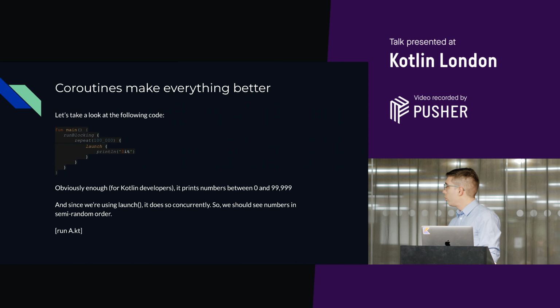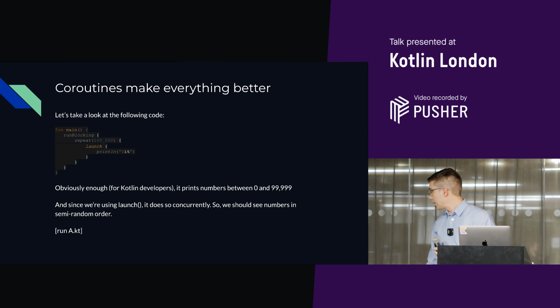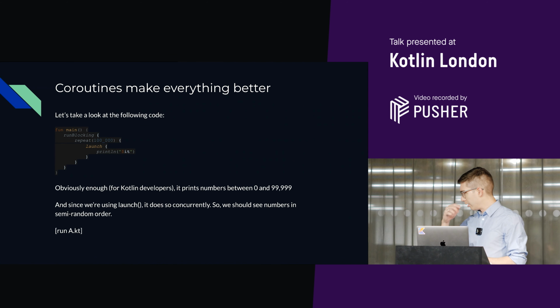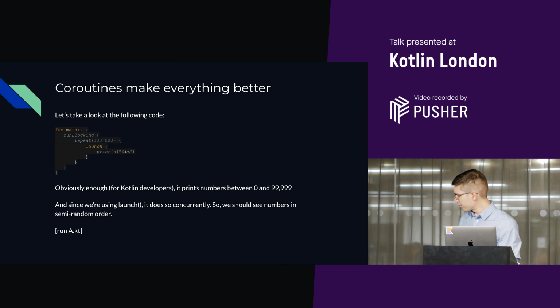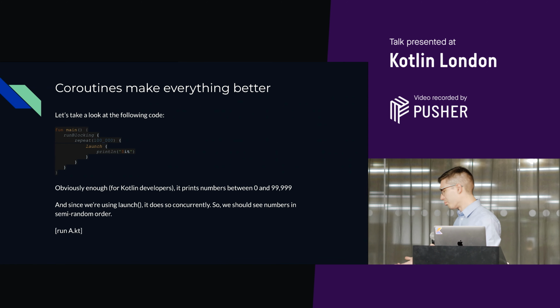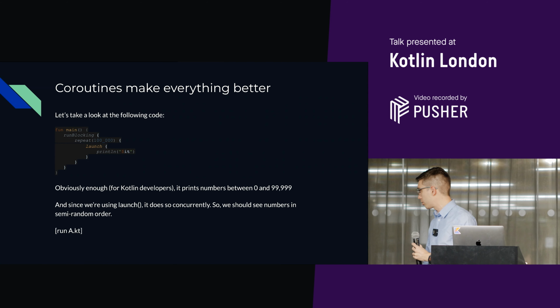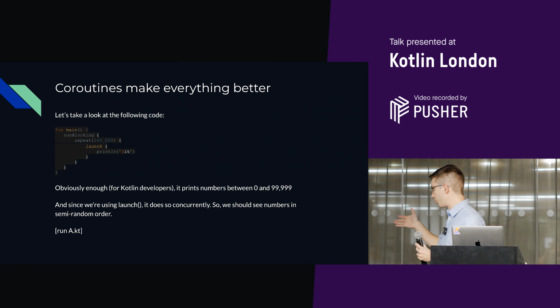OK, to our next design pattern. So coroutines make everything better. Let's take a look at the following code. That's the reason I asked if there are many people that are not familiar with Kotlin, because I wrote that it's obvious. Maybe if you've never seen Kotlin, it's obviously not. This code prints numbers between 0 and 100,000.